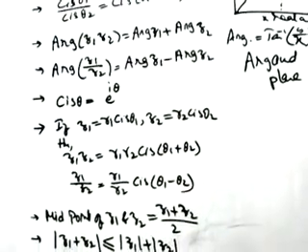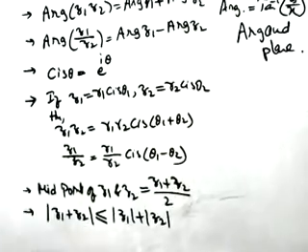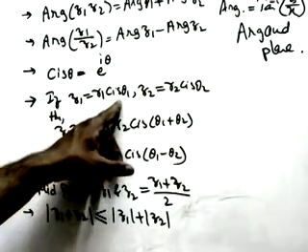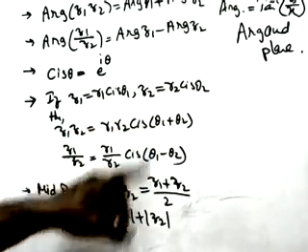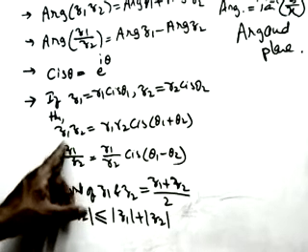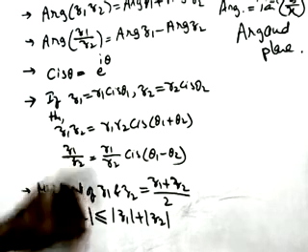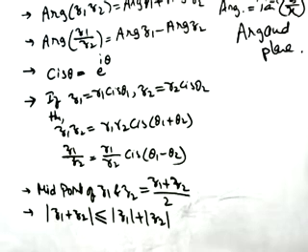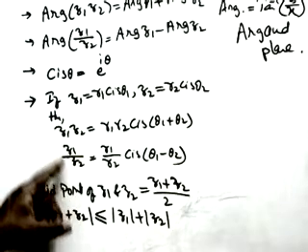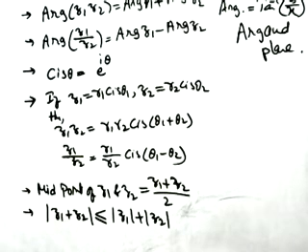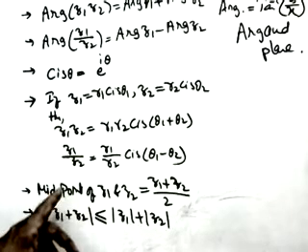A few more formulas: if z1 equals r1 cis theta 1 and z2 equals r2 cis theta 2, then z1 into z2 is r1 r2 cis of theta 1 plus theta 2, and z1 by z2 equals r1 by r2 cis of theta 1 minus theta 2.